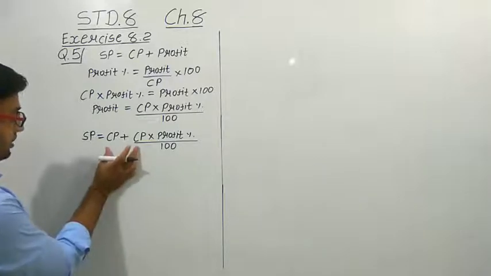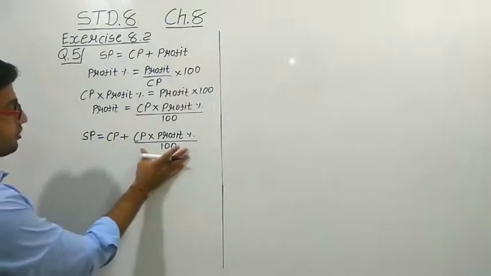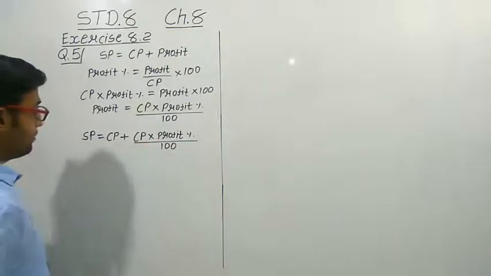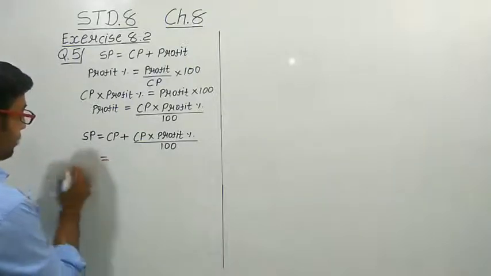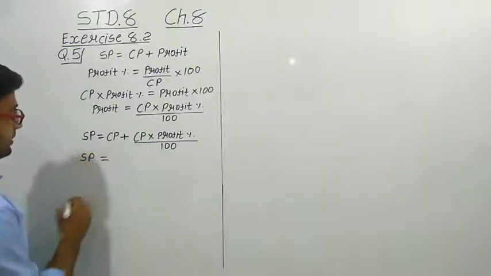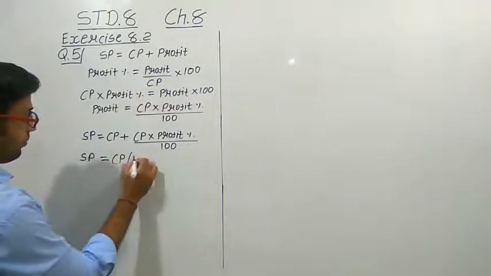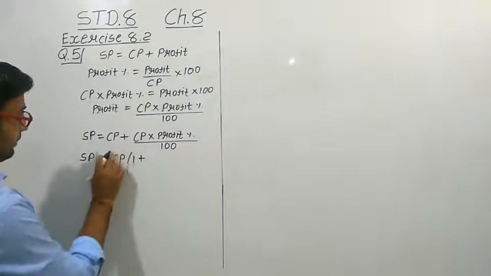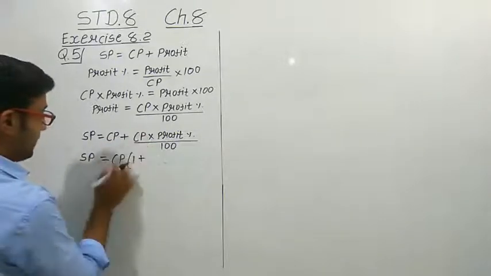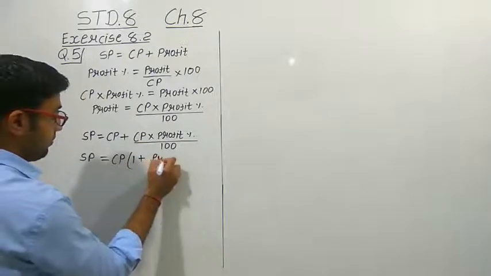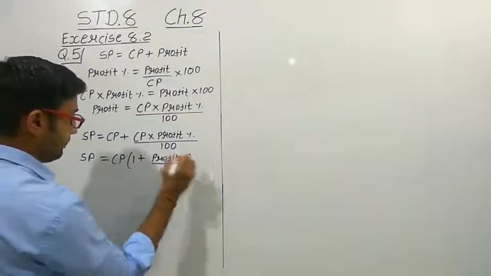See, here two terms are there. First term is this, second term is this, right? In both these terms, we can take CP as a common factor. So when we take the cost price as common, we get selling price is equal to cost price times 1 plus, since CP is taken common, only 1 remains in the first term, and in the second term what remains is profit percentage upon 100.